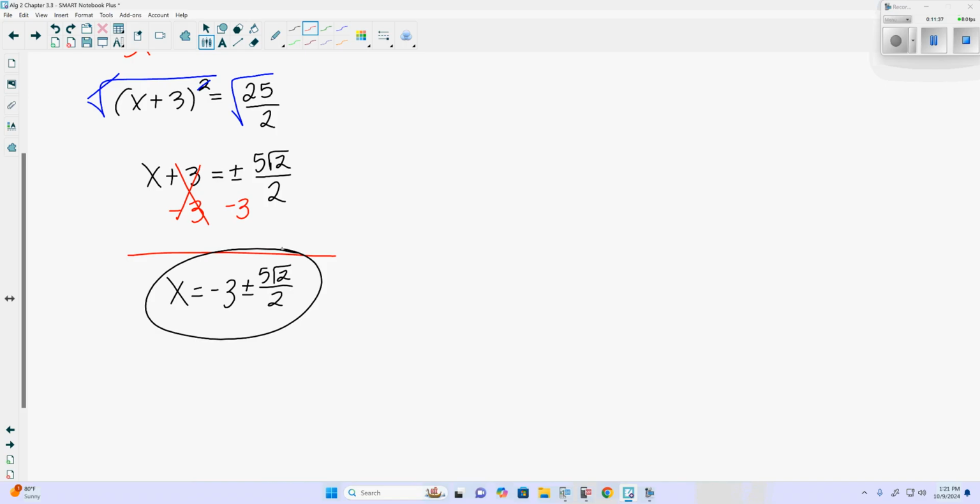We can't combine those. We can't actually add or subtract them because they're not like terms. We would have to convert our 5 square roots of 2 over 2 into a decimal before we can add and subtract. Does that make sense? Okay. Questions on this here? Are we ready for the next one?